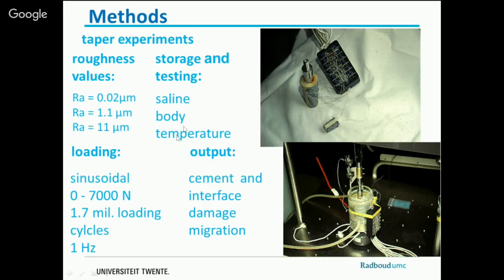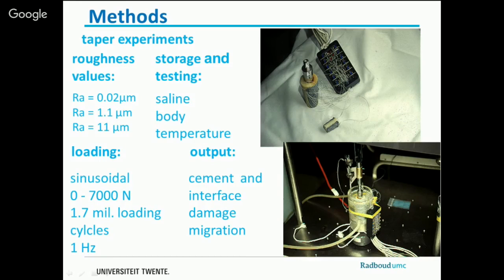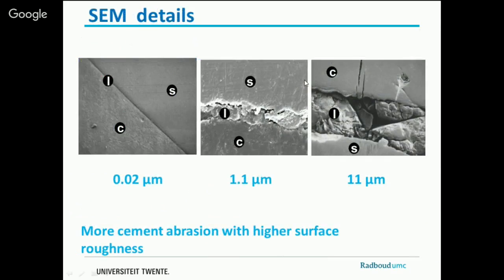So we have here a cement mantle, we have a polished implant, and we're going to load it dynamically for many cycles, 1.7 million loading cycles. Okay, and we have different roughnesses. So this is the cement, and this is the stem, and this is the interface. After 1.7 million loading cycles, we couldn't see anything if we make it super polished.